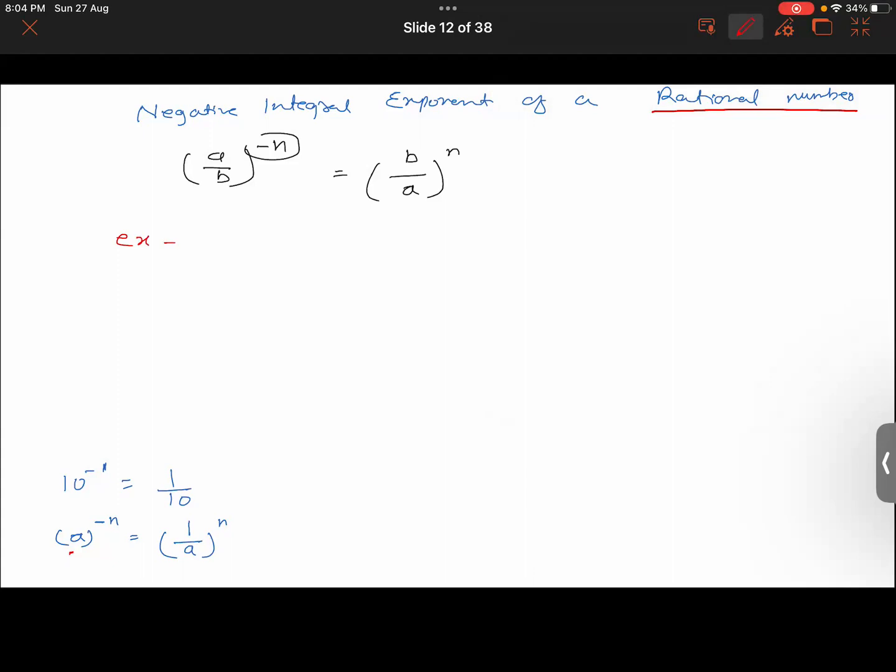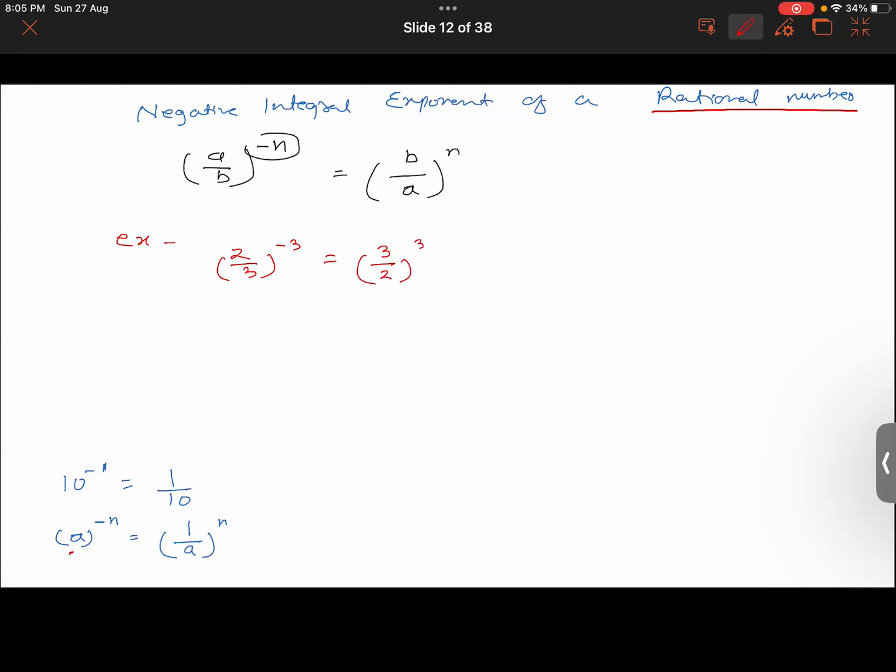So for example, if you have a number 2 upon 3 and I have raised it to the power of minus 3, that is, the exponent is minus 3. In order to solve this question, we will simply reverse the order of the numerator and denominator. Bring the numerator to the denominator and the denominator to the numerator, right? So it will be 3 upon 2.